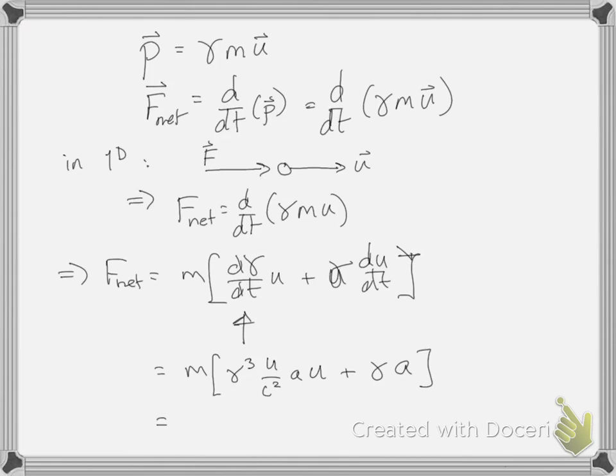Let's factor out a gamma cubed a. Gamma cubed ma, factoring out a gamma cubed a, and we're left with u squared over c squared plus, sorry, I factored out a gamma cubed, so when I have the gamma here, then I factor out the gamma cubed, we're going to get 1 over gamma squared.